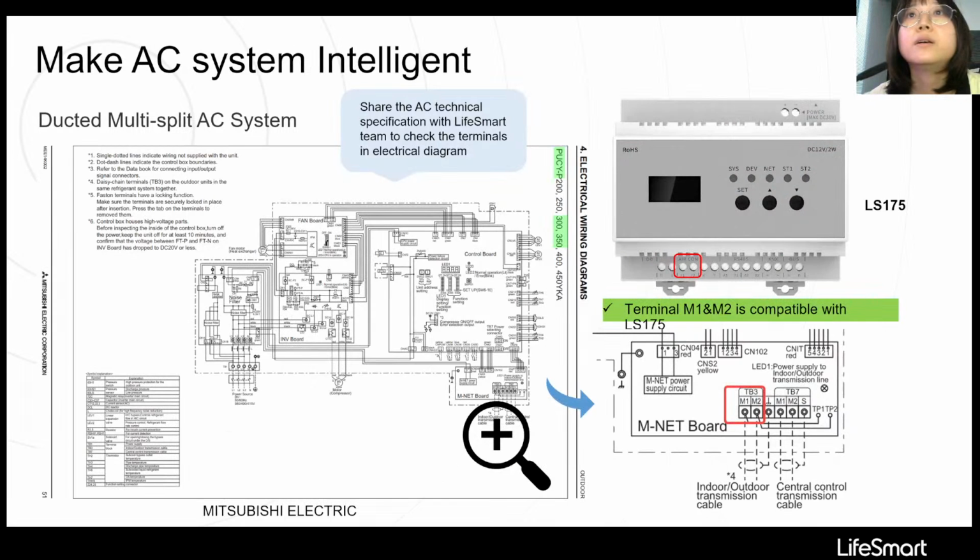For this type, the AC gateway LS175 might be compatible, the same as the last AC system, ducted single split system. The electrical diagram is necessary to provide to us for judgment.